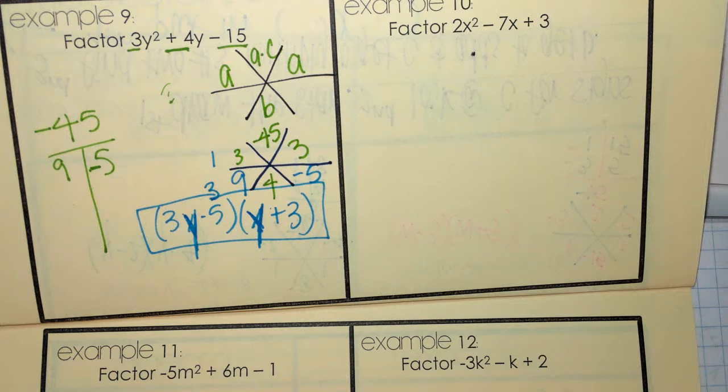So we always use the first number again. And then it's add to get what? You've got to add to get negativo.